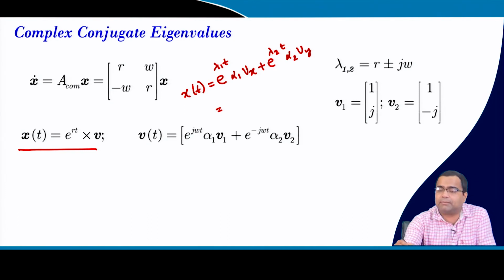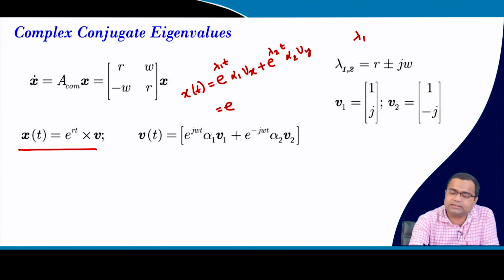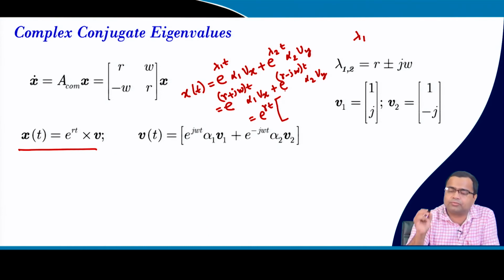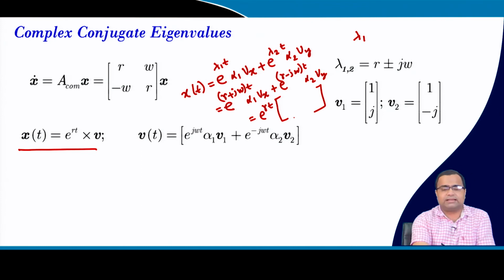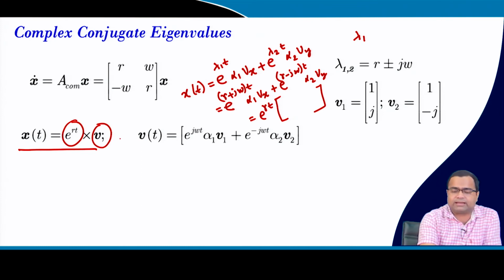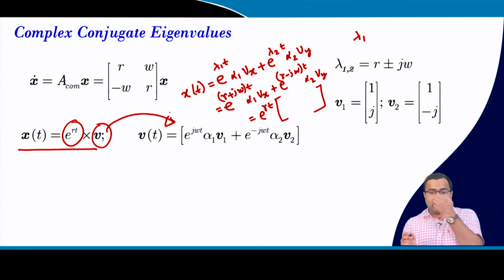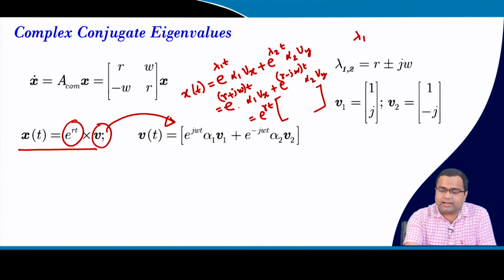Since lambda 1 and lambda 2 both have the same real part, you will get e to the power r plus j omega t alpha 1 Vx plus e to the power r minus j omega t alpha 2 Vy. I can take e to the power r t common for both cases, and the rest of the term I write as V, with e to the power j omega t.